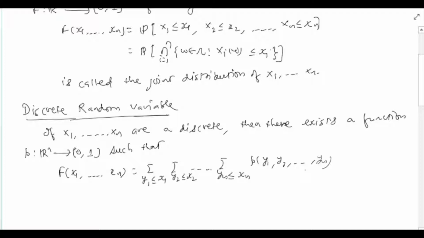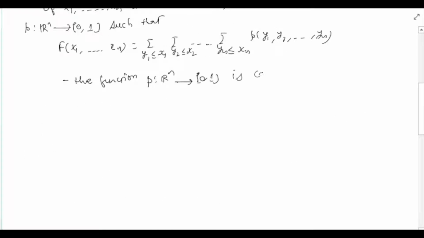This function p is called the joint probability mass function of X1 to Xn.